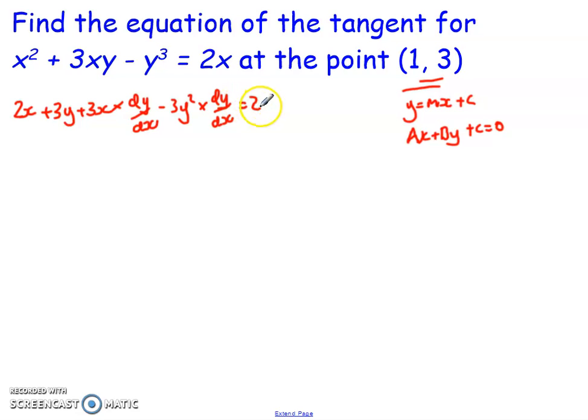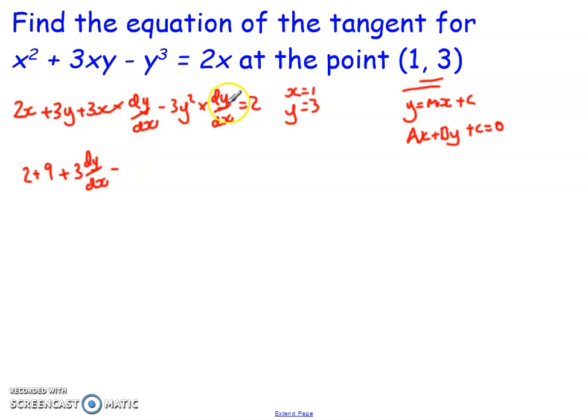Or what I could do is substitute in the point now, and then it's just numerical values I'm messing about with. So if I put x is equal to 1, y is equal to 3, what I'll end up getting is 2 plus 9 plus 3x times dy by dx, so plus 3 dy by dx's.